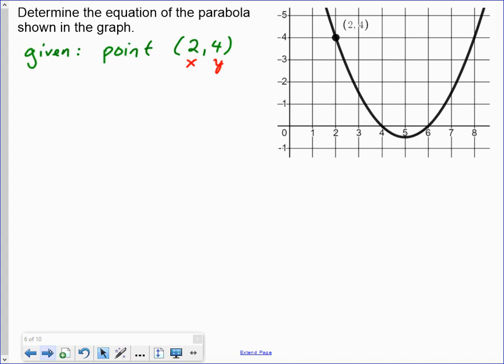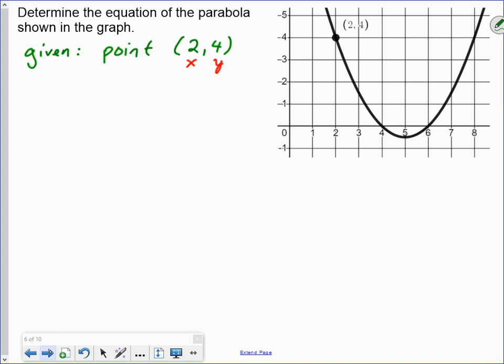So our two routes to solving these problems are to either use vertex form if we're given the vertex, or use the factored form if we are given the x-intercepts. We have to figure out either our vertex or our x-intercepts from this graph. And we're going to do whichever one is easier.